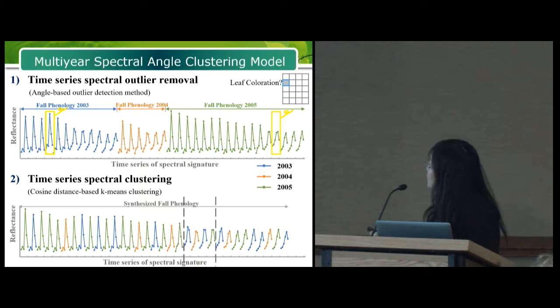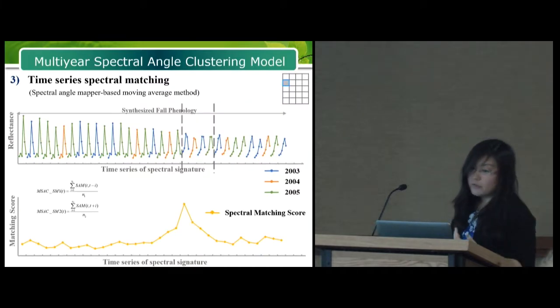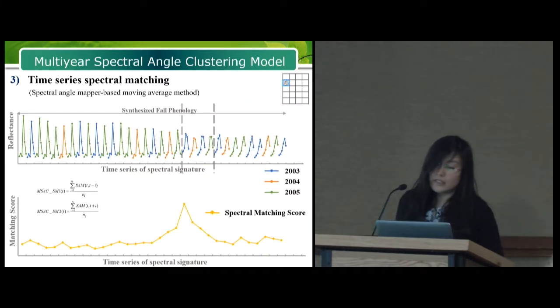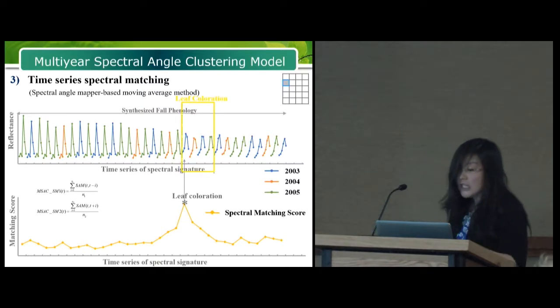Then we divide the similar spectral information into clusters. After that, we develop spectral matching criteria to find which cluster represents the leaf coloration timing. Based on the matching score, we then have the leaf coloration cluster.